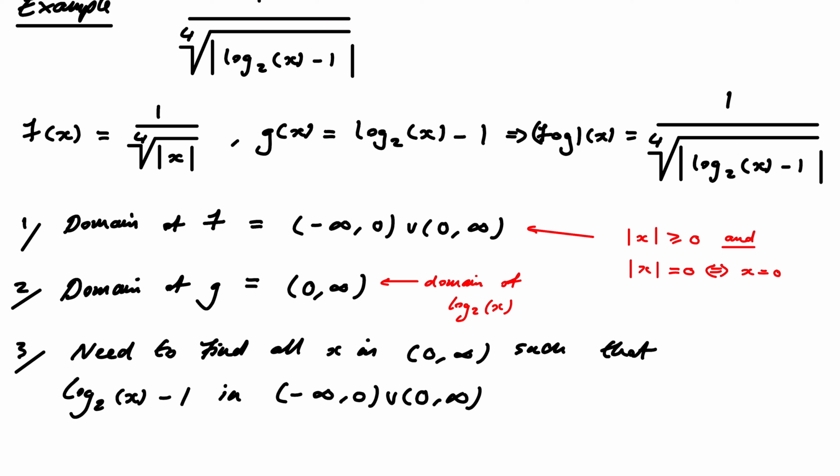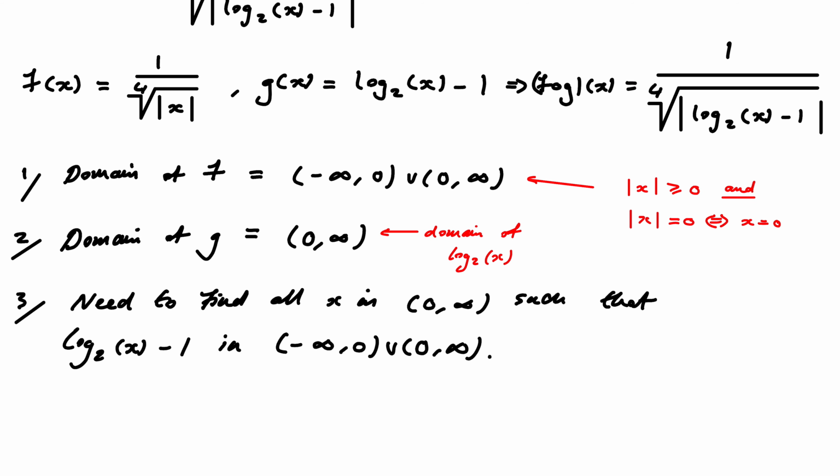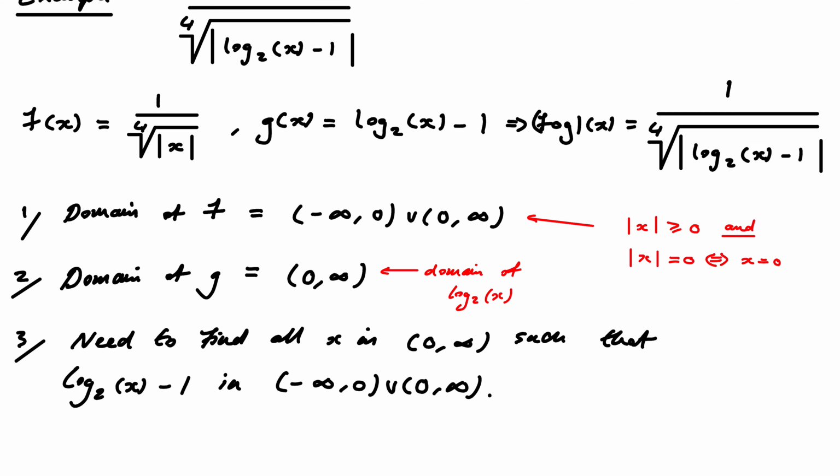So we take a deep breath. What's the main issue? We basically don't want log base 2 of x minus 1 to be equal to 0. That's the only problem, because I'd be dividing through by 0.